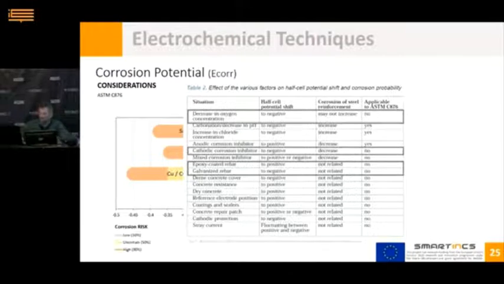And in the case of galvanized steel, the measured half-cell potential is no longer the corrosion potential of the steel, but the mixed potential of steel and zinc, the metals normally used in galvanizing. Therefore, understanding how the various factors influence the measurement is the key to meaningful interpretation of this technique. That's important.